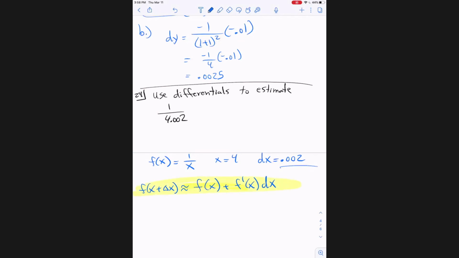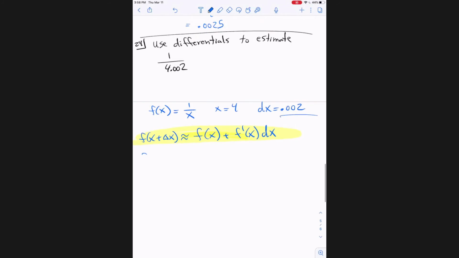So I'll come back to this formula in a second. So f of x is x to the minus 1. I just rewrote it here. I'm going to take the derivative. That's negative 1 x to the minus 2, which is negative 1 over x squared.